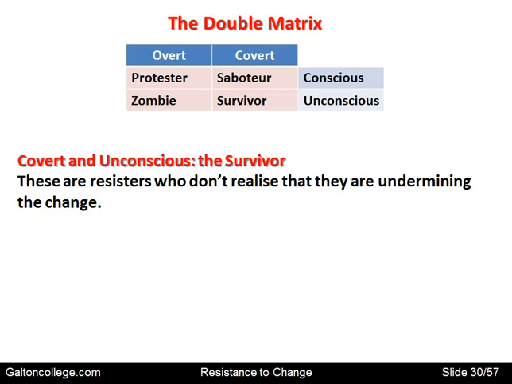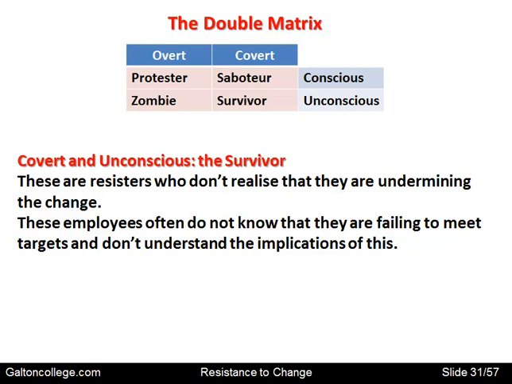They're not making it obvious what they believe or what they think. And they themselves are not really that conscious of it. They're either indifferent or they're against it, but they're not highly motivated. They don't realize, in fact, that they're undermining the change. They just carry on doing what they're doing, and they're not participating. They're not working towards the change.